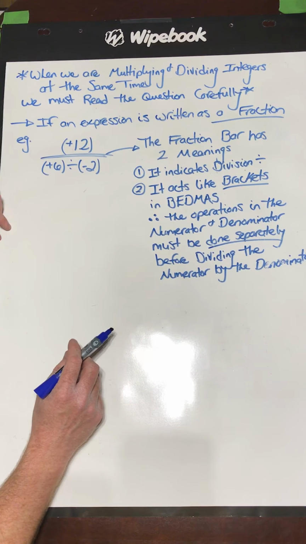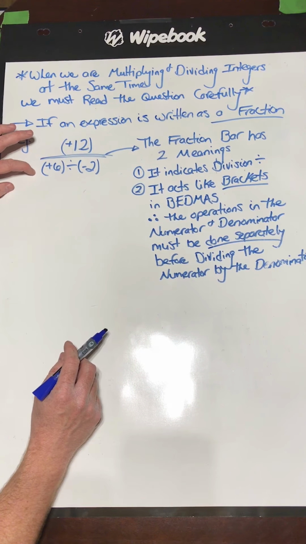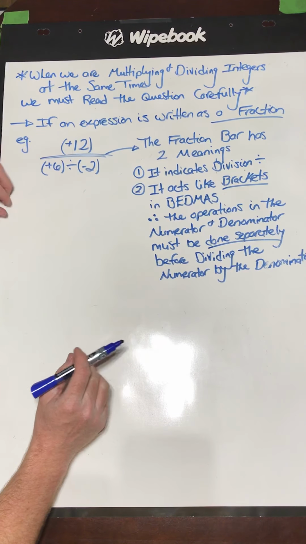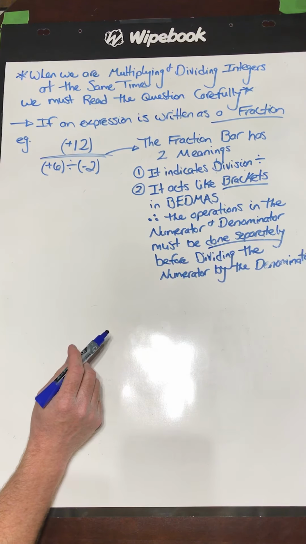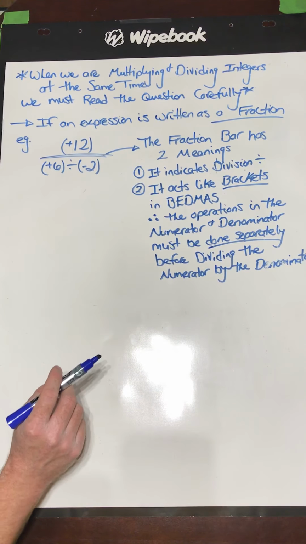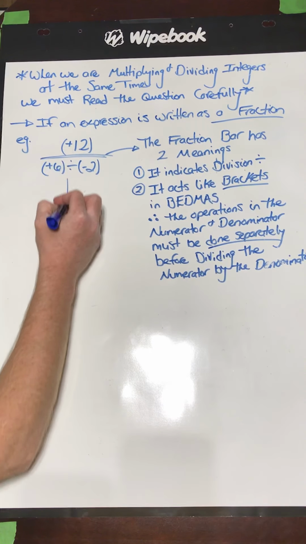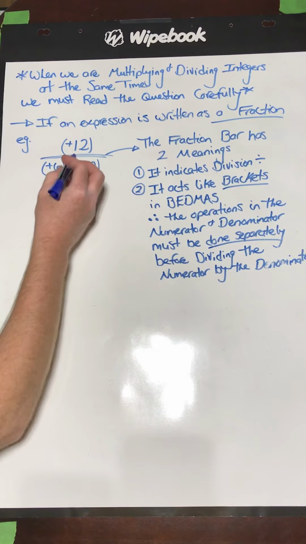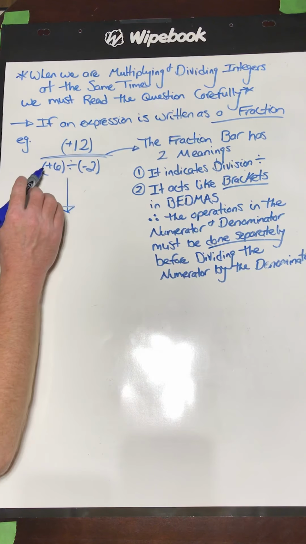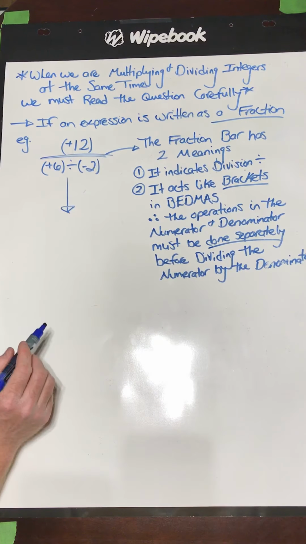And therefore, the operations in the numerator and in the denominator must be done separately before dividing the numerator and the denominator. So, taking that into account, this question here, so I have positive 12 in the numerator, and positive 6 divided by negative 2 in the denominator.